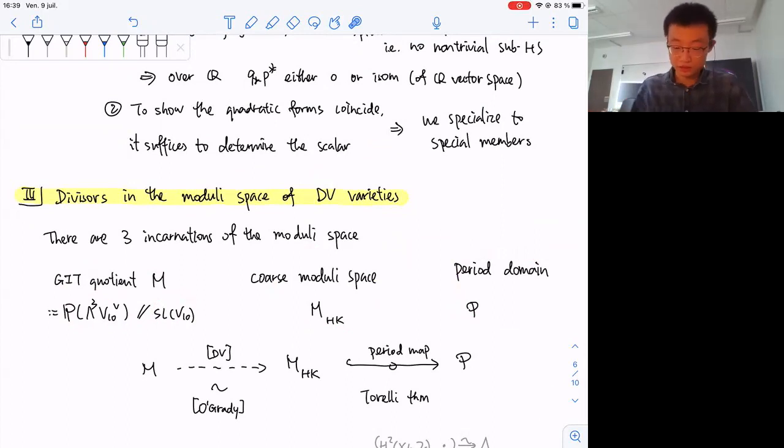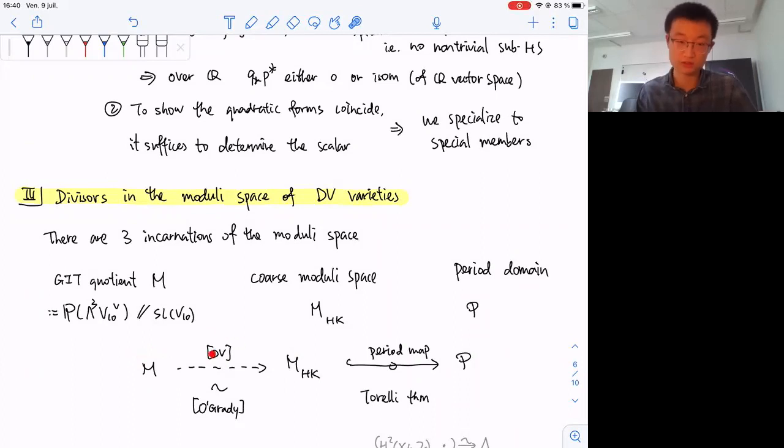This is a space that parameterizes Hodge structures on the H2 of the hyperkähler. Now, in this picture, first we have a map from M to the moduli space of hyperkähler, which maps a 3-form sigma to the X6 it's associated with.